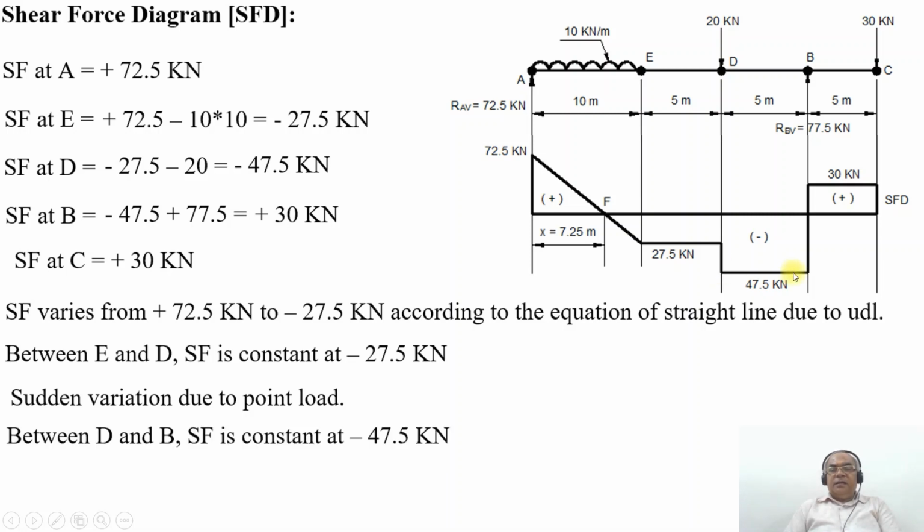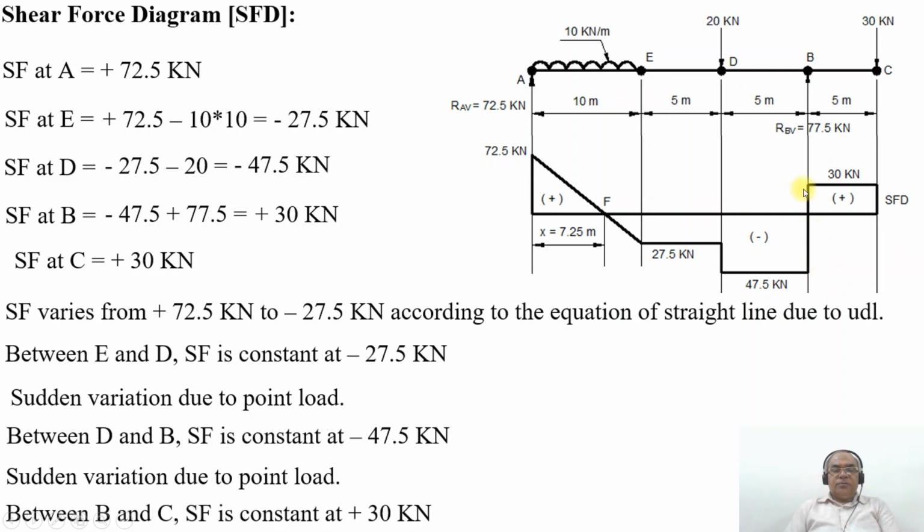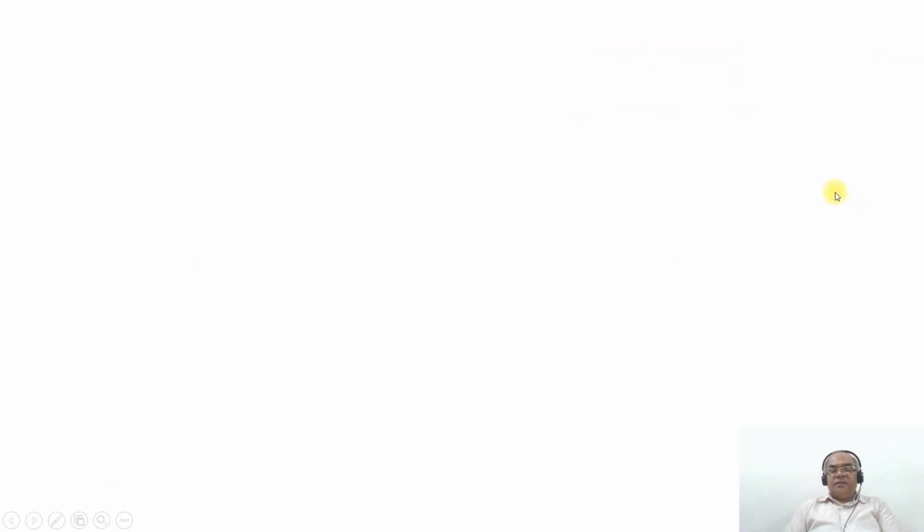Again, between D and B, it remains constant at minus 47.5 kilonewton. Then a sudden variation due to point load, it increases to plus 30 kilonewton. Between B and C, it remains constant at 30 kilonewton. Then SF at C will be equal to 30 kilonewton.